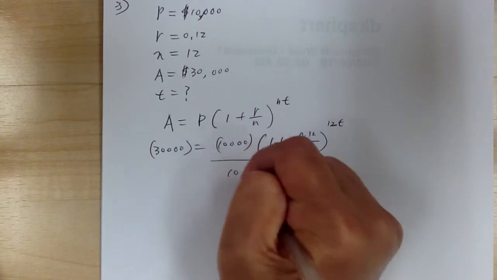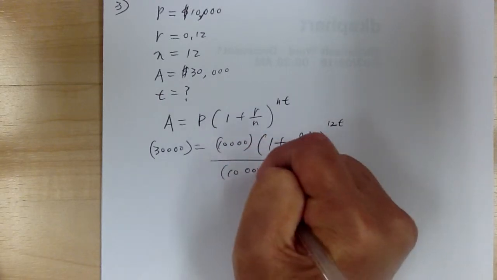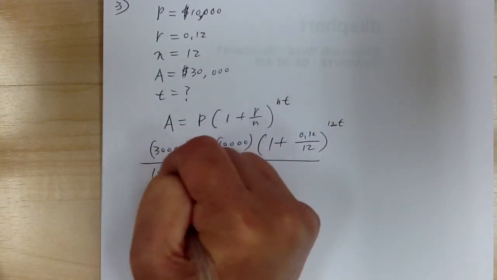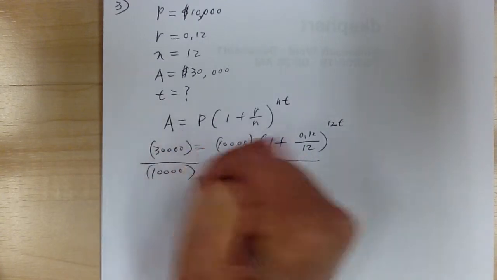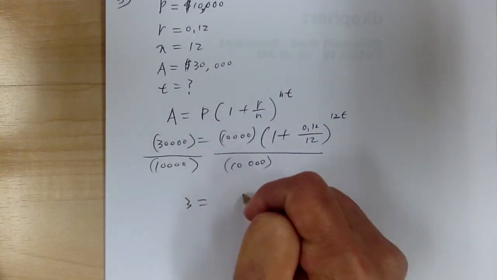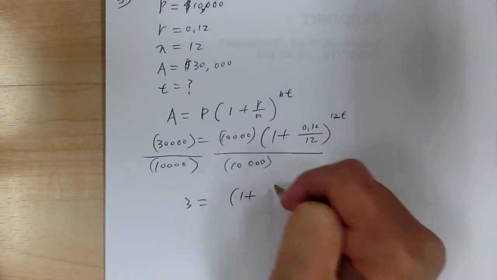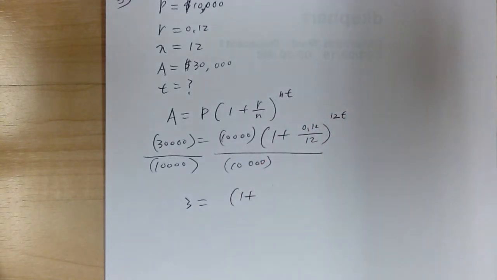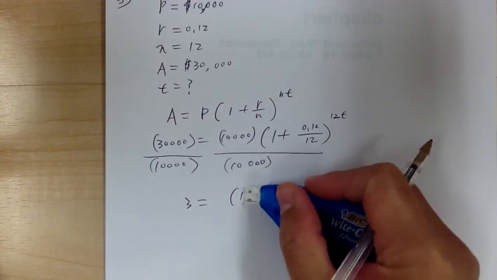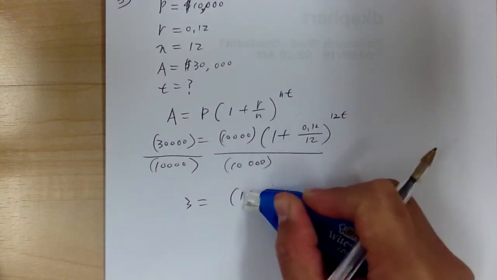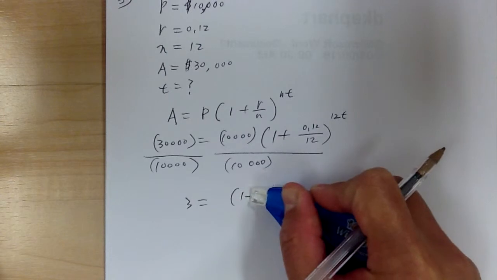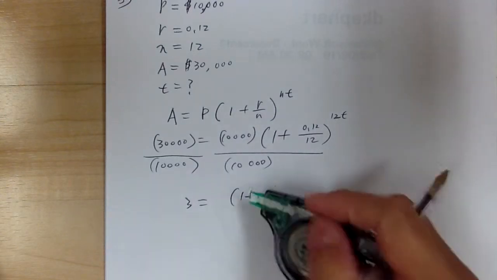So divide by 10,000. You get 3 is equal to 1 plus, and you can simplify this part already.